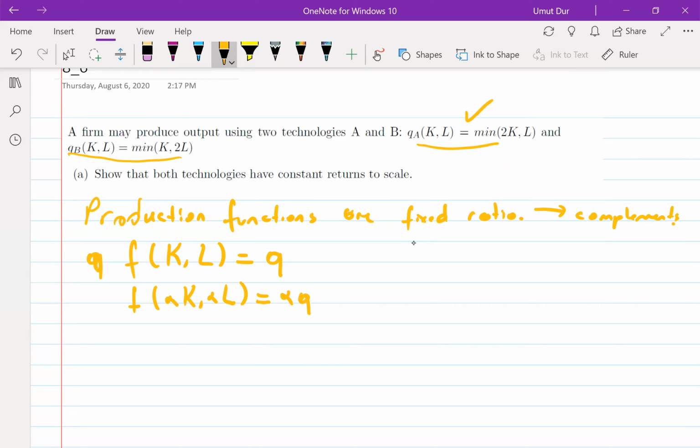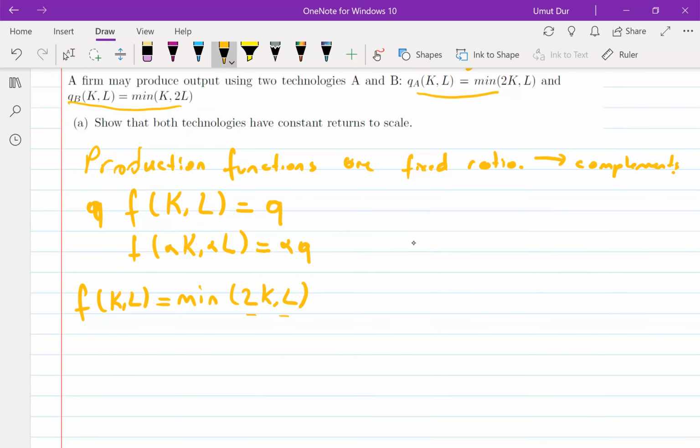So for the first one, instead of Q, I will use F. F(K,L) is equal to the minimum of 2K and L. Whichever is the minimum, the output level will be equal to that one. Given K and L, I will compare 2K and L, and whichever is minimum will be the output level.